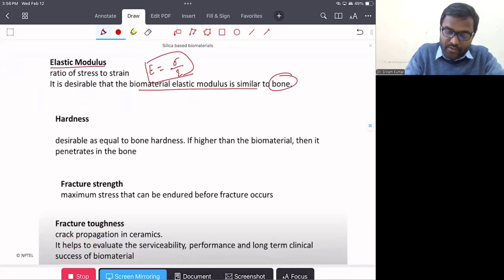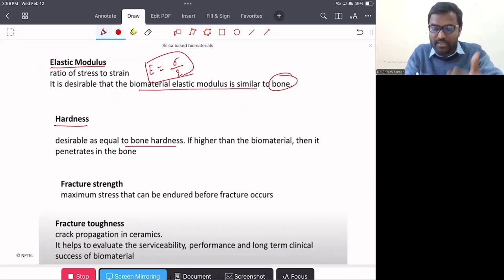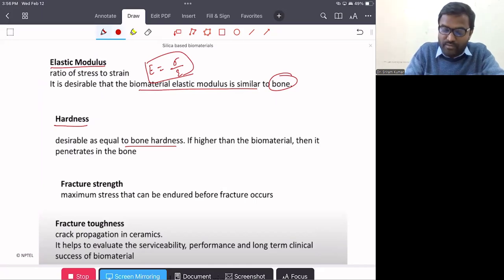The second parameter is the hardness. The hardness of the biomaterial should be equal to the hardness of the bone. Otherwise, what happens if the biomaterial is harder than bone? It will penetrate and break the bone in our body. We don't want these kinds of complications.